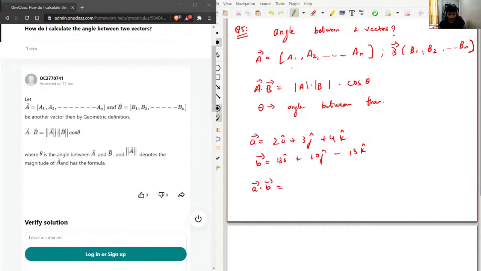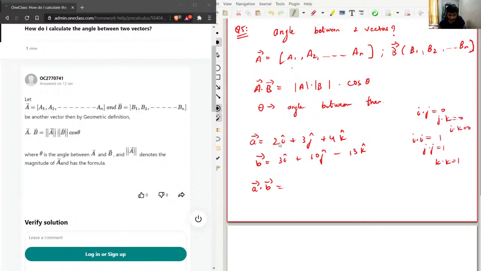If you are not good with dot products, then i dot i is 1, j dot j is 1, k dot k is 1, and i dot j is 0, j dot k is 0, and i dot k is 0.